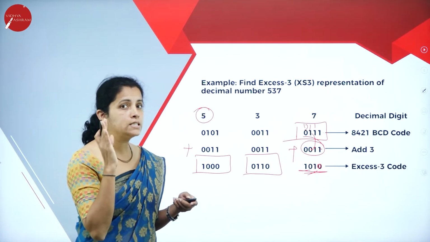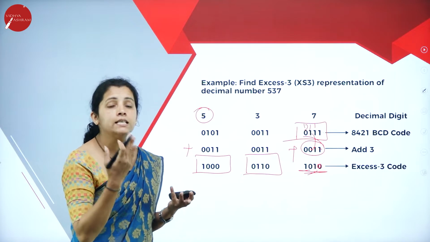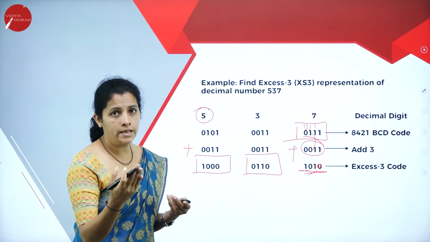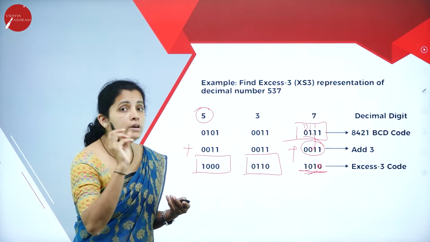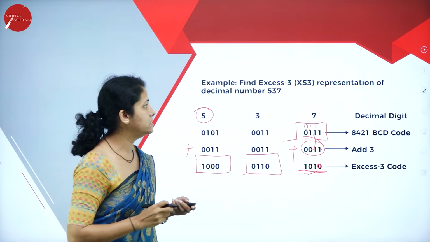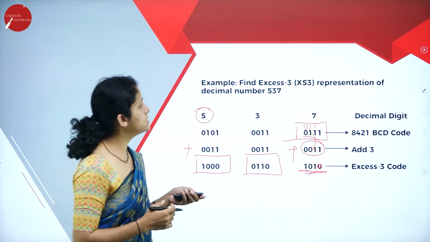So dear student, just remember here to represent BCD to Xs3, I just want to add decimal number 3. First, I want to convert that to binary, then add that to BCD. This is the way I can convert BCD to Xs3.